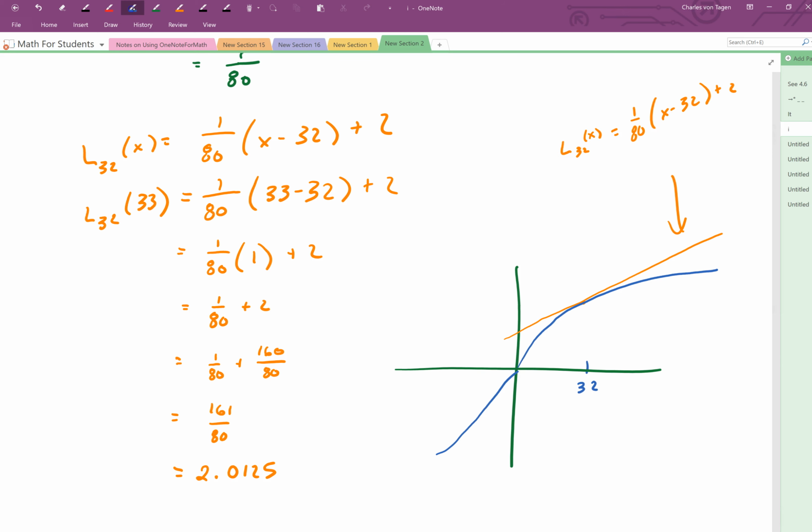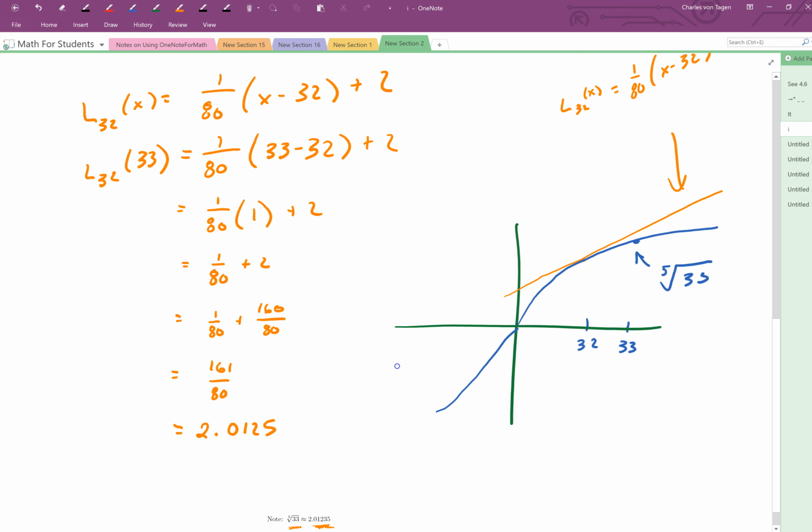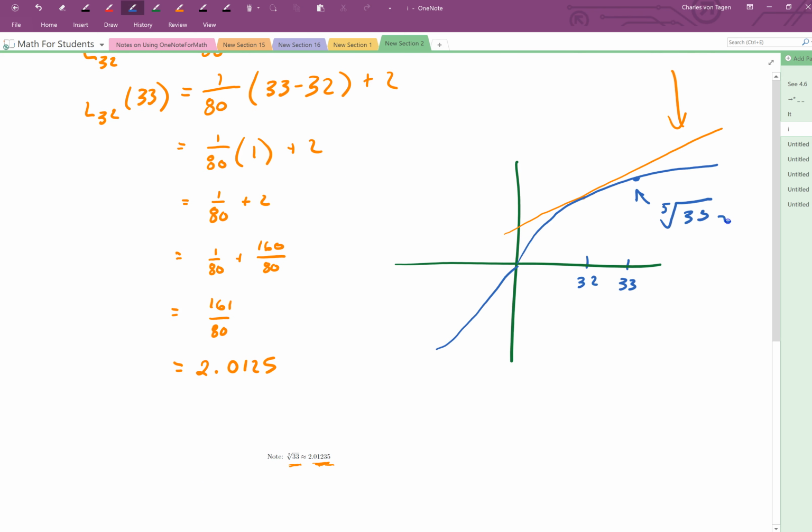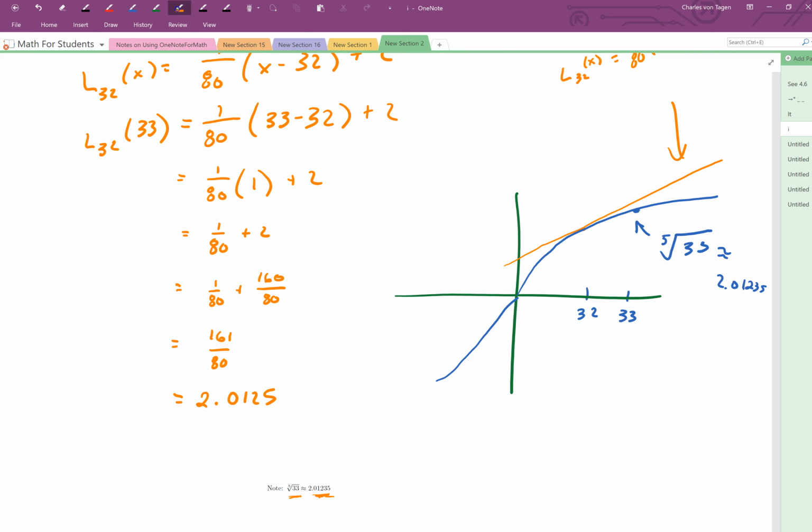Okay. So our goal was to determine what is the fifth root of 33. Well, the fifth root of 33, we said down below here, is approximately 2.01235. And rather than finding that, what we did was we found L of 33.